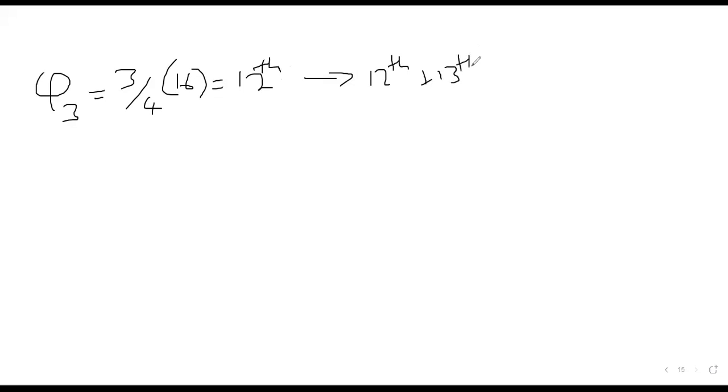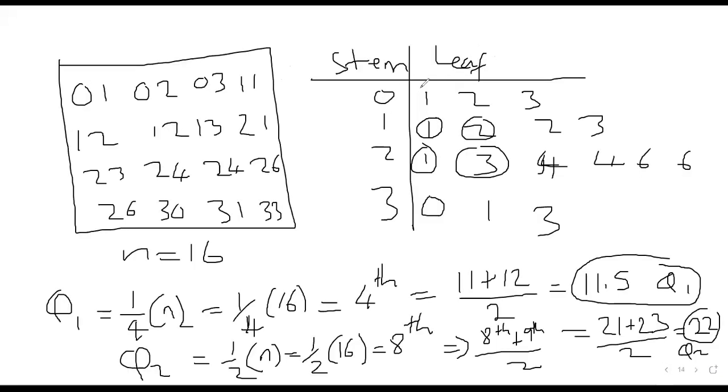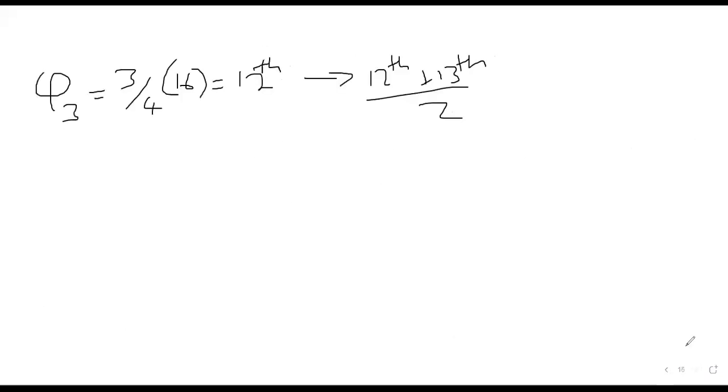The 13th, divided by 2. So 1, 2, 3, 4, 5, 6, 7, 8, 9, 10, 11, 12, and 13. If the numbers are the same, you just maintain. There's no need for averaging because this is 26 plus 26 divided by 2. Still 26.